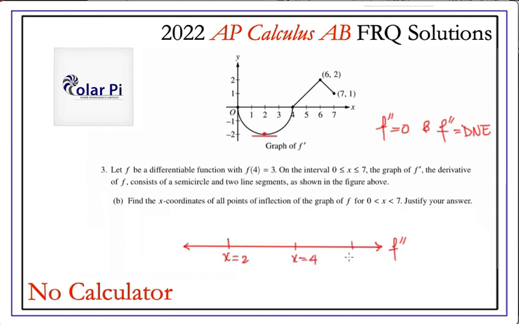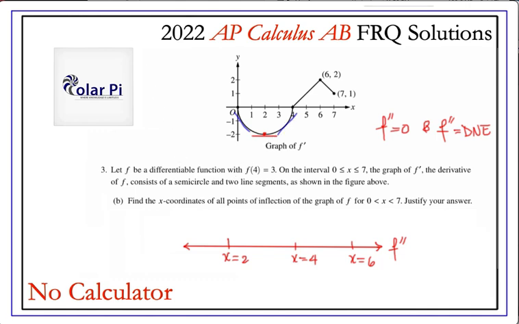The only thing that remains is to test. Well, we don't have a function f double prime to test points about any of these, but we have the graph of f prime and we can do a slope analysis, right? So about x equals 2, the graph of f prime goes from negatively sloped to positively sloped.